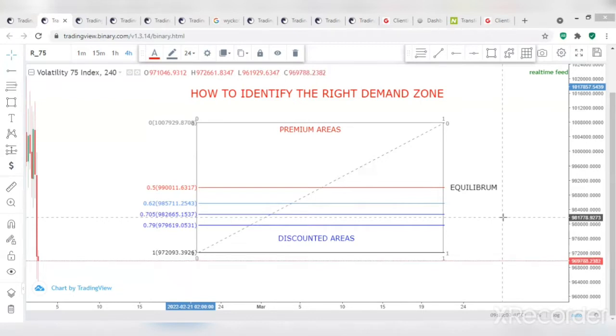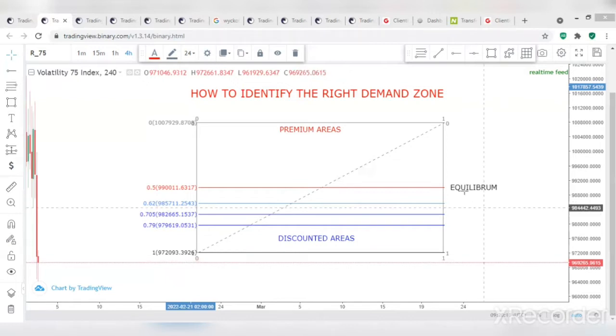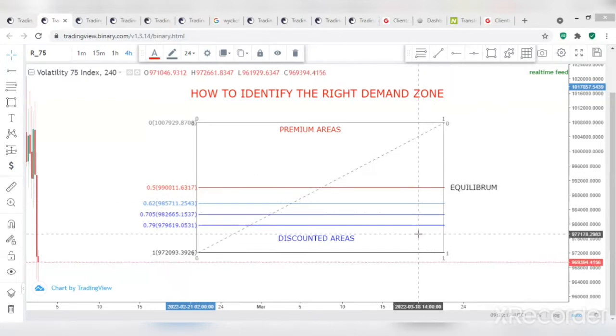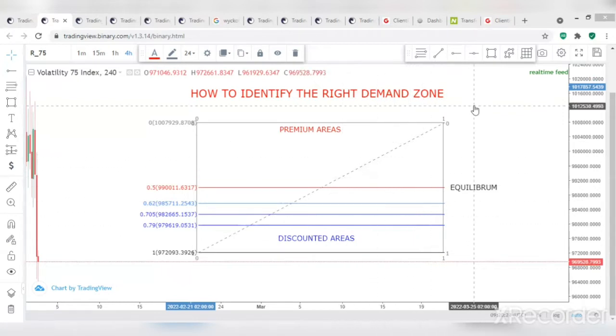Okay, let me say the price moves from 0 to 30,000 in the market. When it eventually gets to 15,000, that's the midpoint in the market. It is neither cheap nor costly at that point, but anything below that you can refer to as cheap, whereas anything above 15,000 can be referred to as costly.